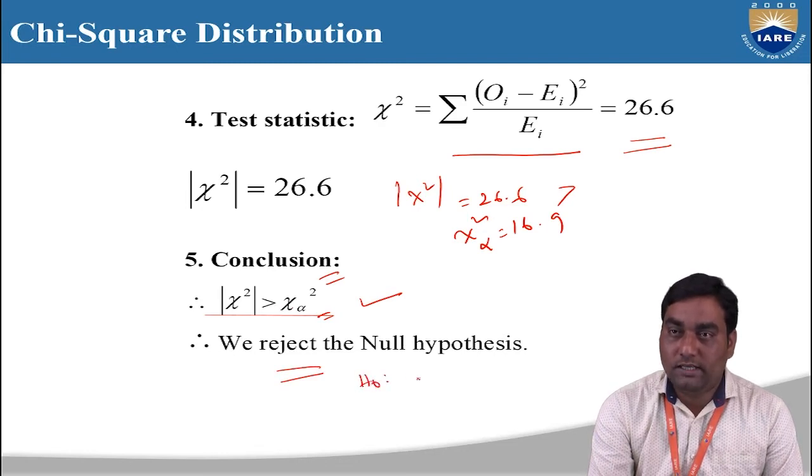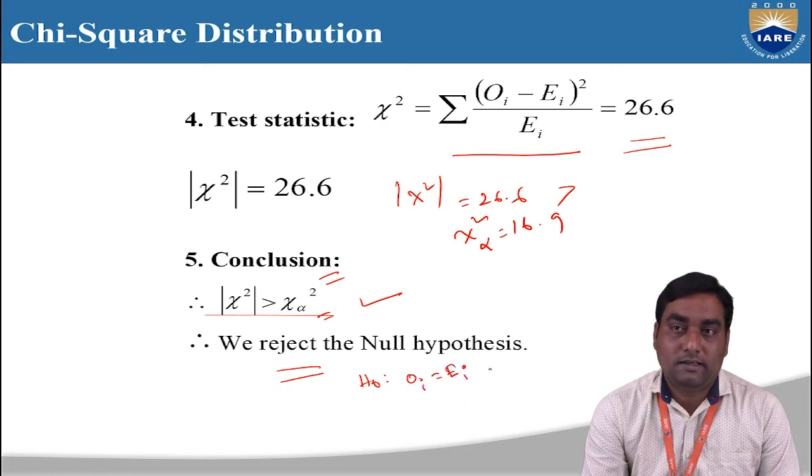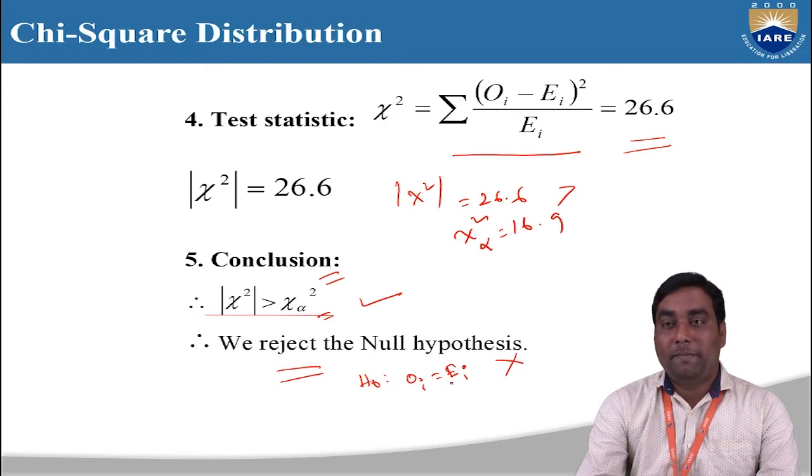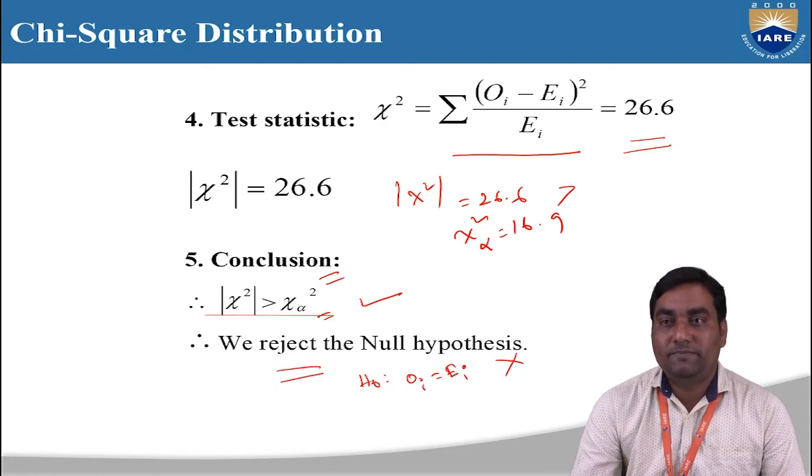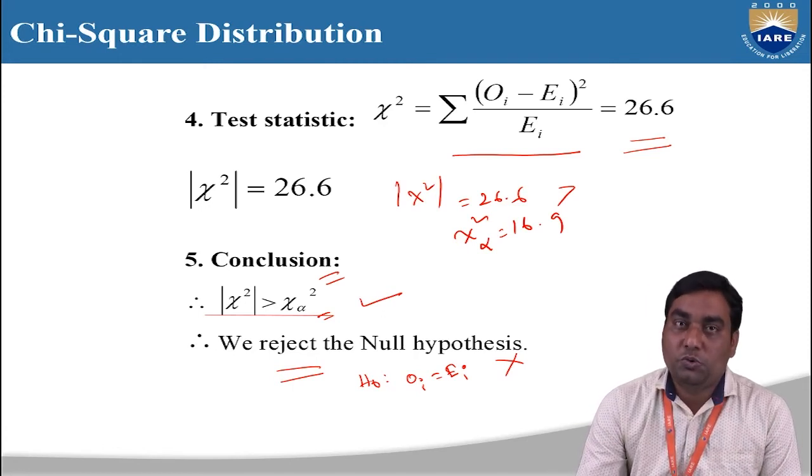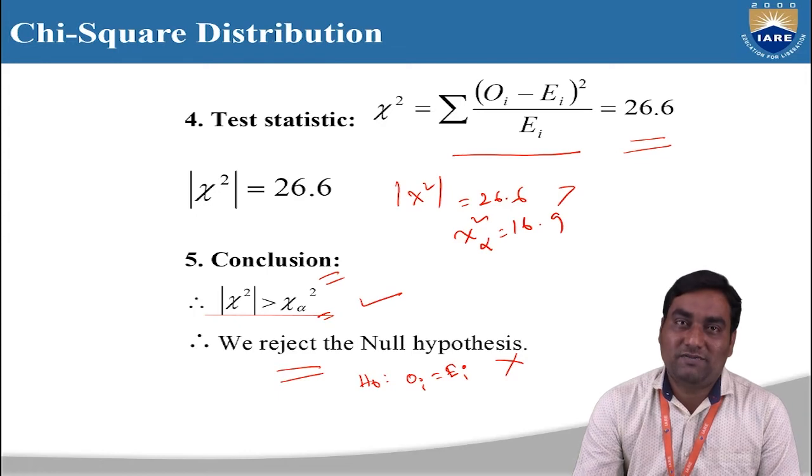What is the null hypothesis? H0 is OI equal to EI. This we are rejecting. That means there is a difference between observed and expected frequencies. We concluded that observed and expected frequencies are not the same.